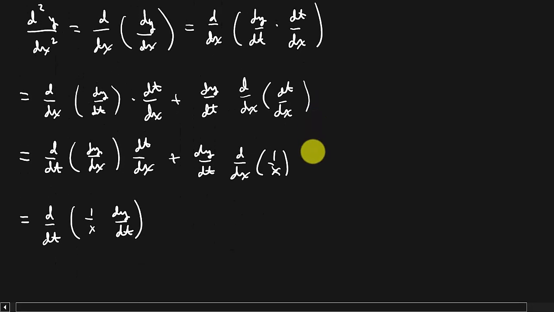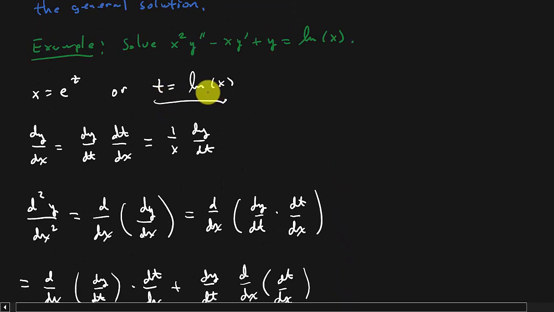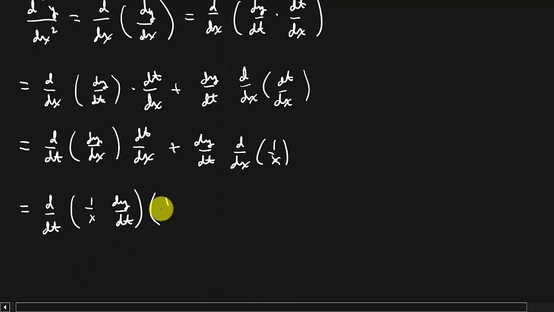That's going to be times dt/dx, the derivative of t, which is just 1 over x. Plus dy/dt, and the derivative of 1 over x is negative 1 over x squared.